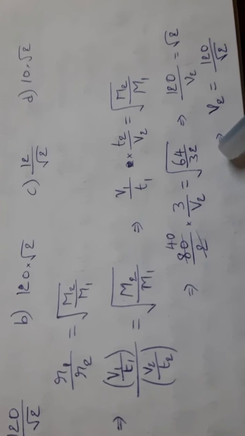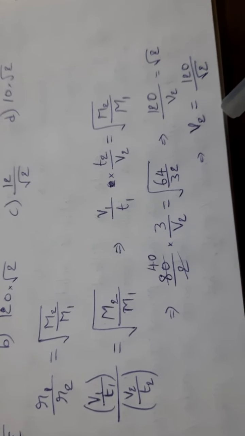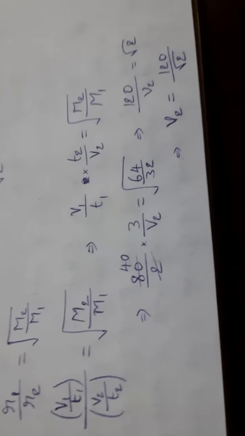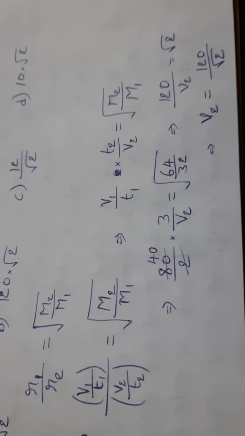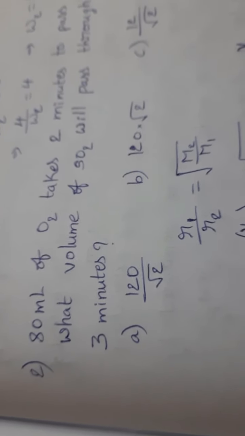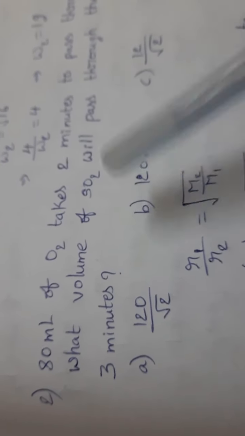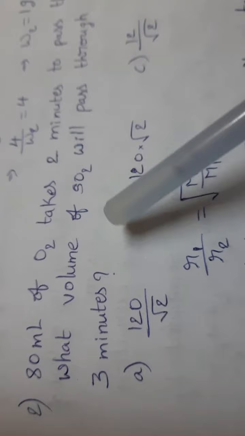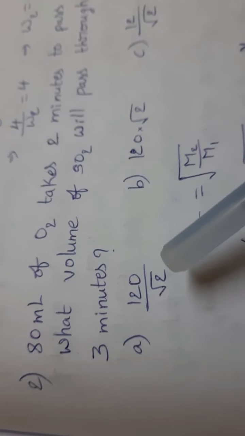By doing calculation, finally we get V2 equal to 120 divided by root 2. So what is the option? Option A is the answer. So this much volume of SO2 can escape through the same hole in 3 minutes.